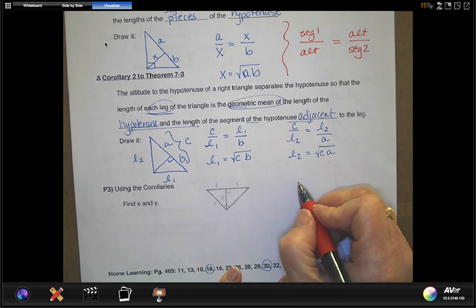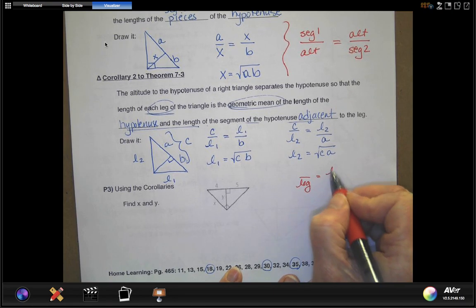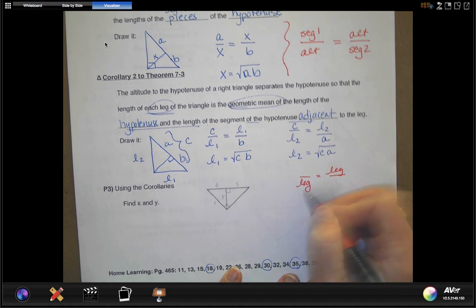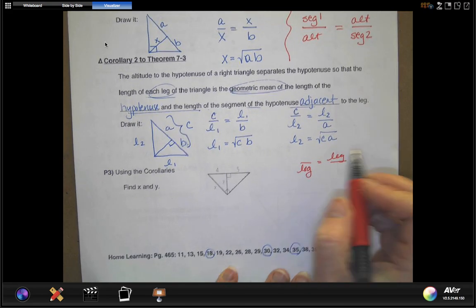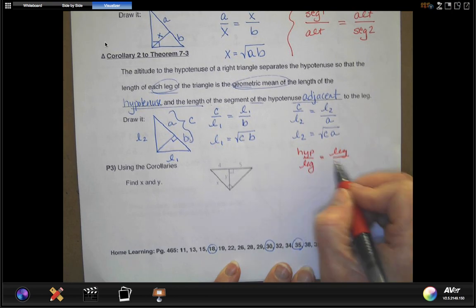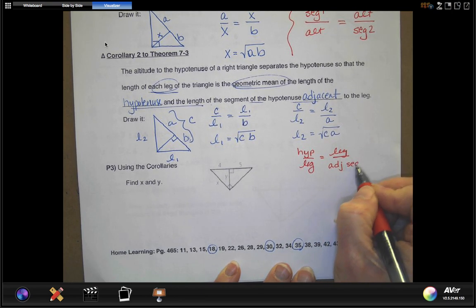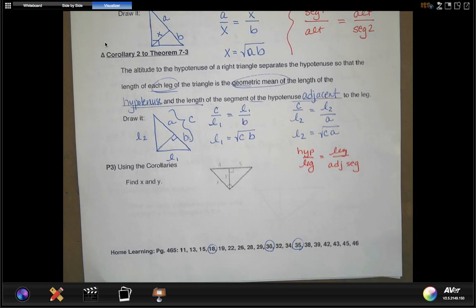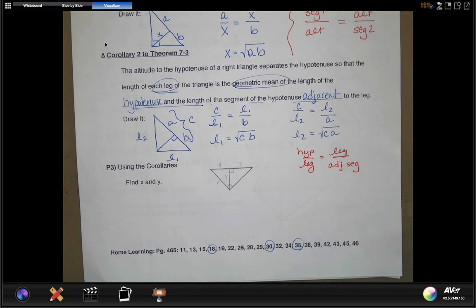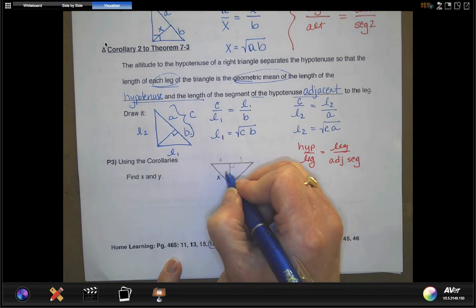This one I always just think about it as the leg is the geometric mean, so I'm putting it in that spot, mean spot, of the hypotenuse, the whole hypotenuse, and the adjacent segment of the hypotenuse. So in this example right here, it says find x and y.